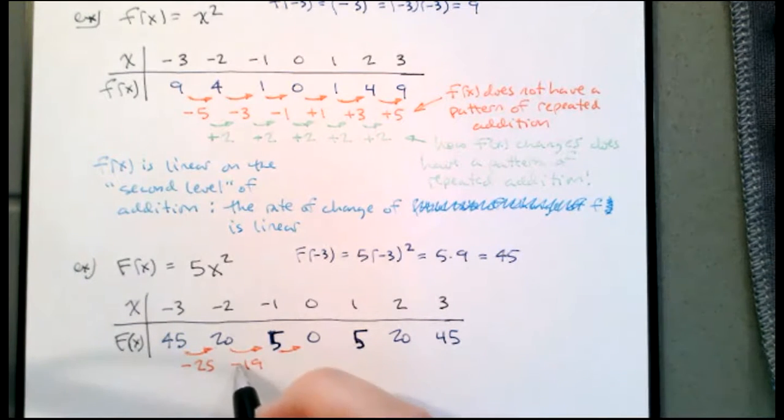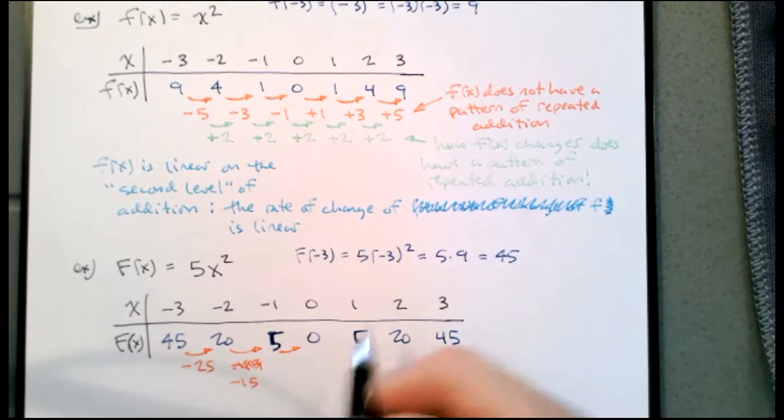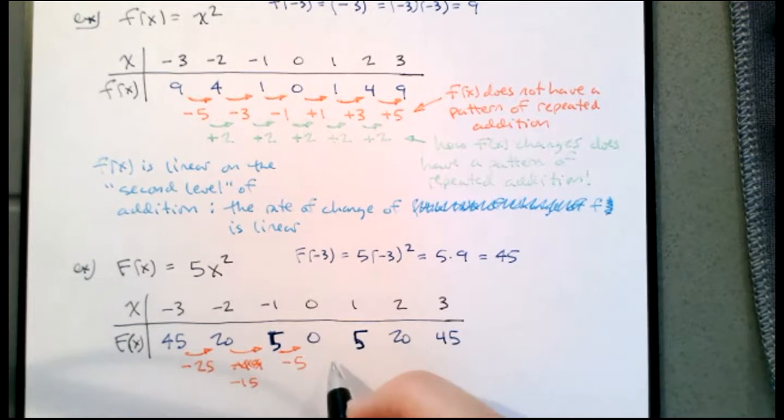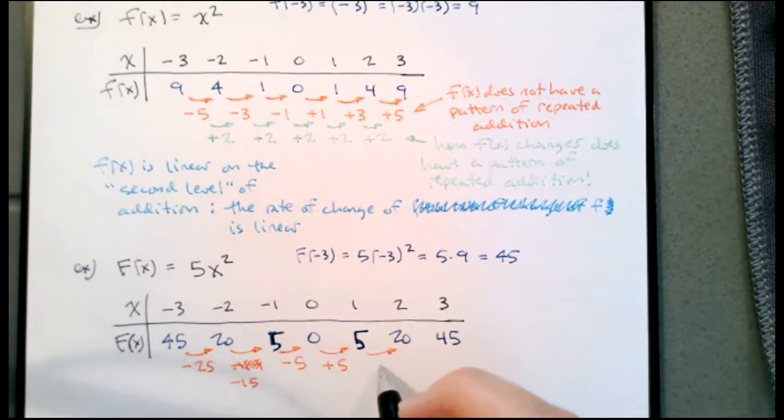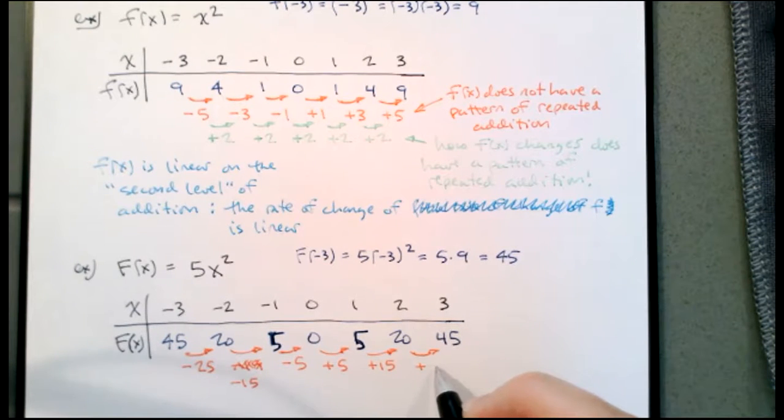So from 20 down to 5 is a decrease of 15. From 5 down to 0 is a decrease of 5. From 0 to 5, it's now increasing, so it's an increase of 5. From 5 to 20 is an increase of 15, and from 20 to 45 is an increase of 25.